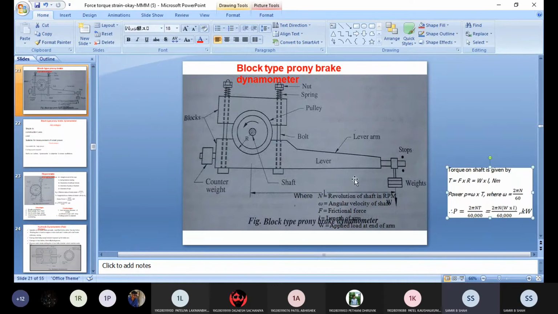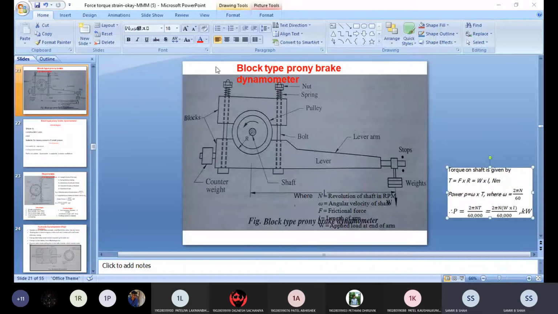You can see here that there are two wooden blocks, this is first and this is second, which are mounted diametrically opposite on the flywheel.